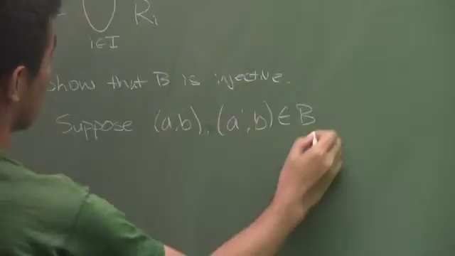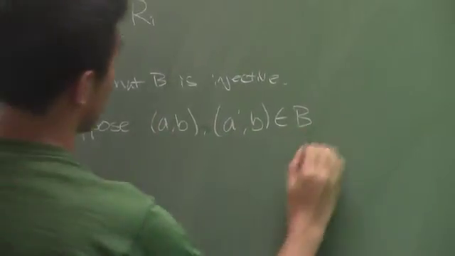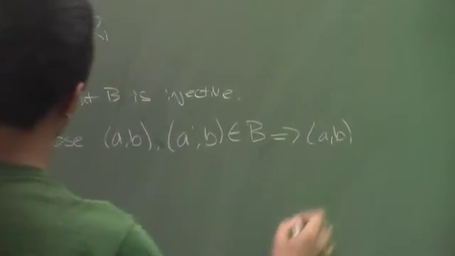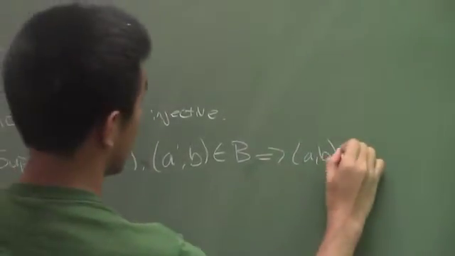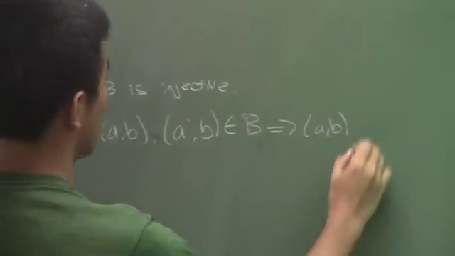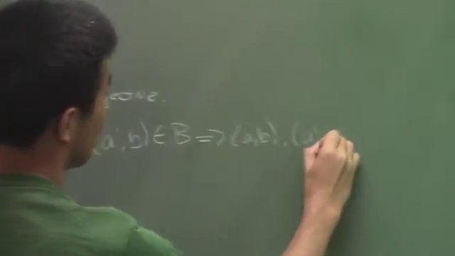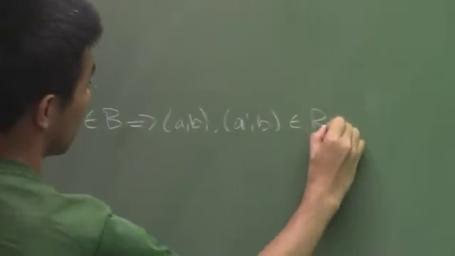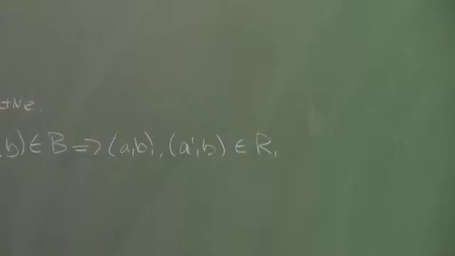This implies (a, b) and (a prime, b) belong to Ri for some i.